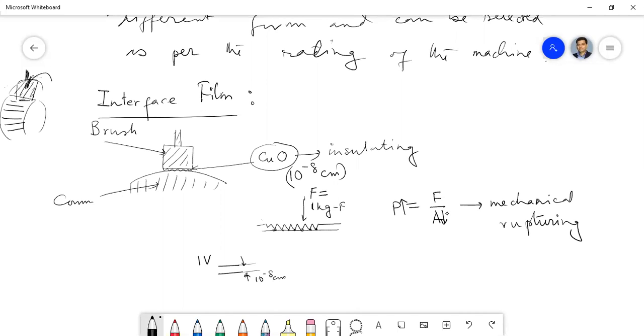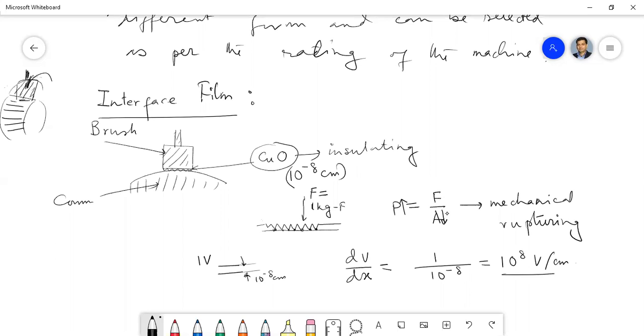Now what is dV/dx? dV/dx is 1 divided by 10 to the power minus 8 centimeter, so 10 to the power 8 volt per centimeter.